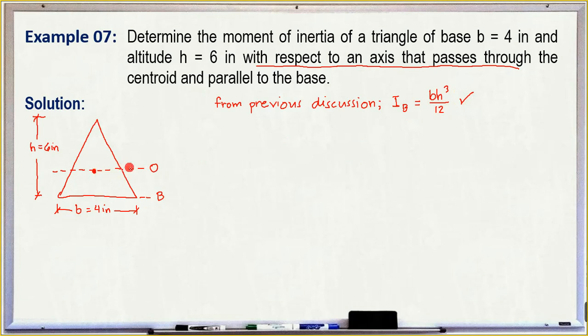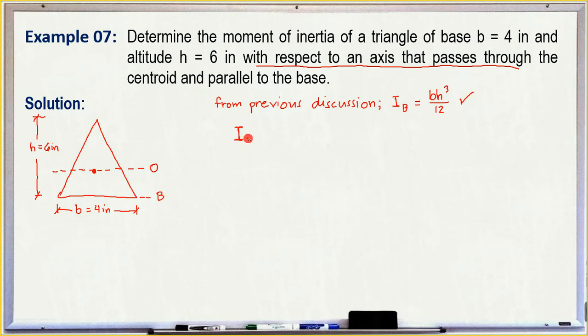So for this problem, we can still use the parallel axis theorem. Because again, the parallel axis theorem gives the moment of inertia about any axis other than the centroidal axis. So what other axis do we have aside from the centroidal axis O?